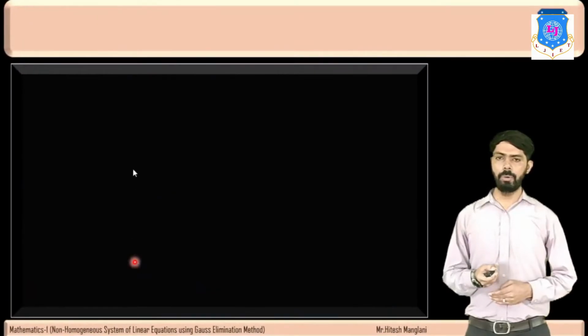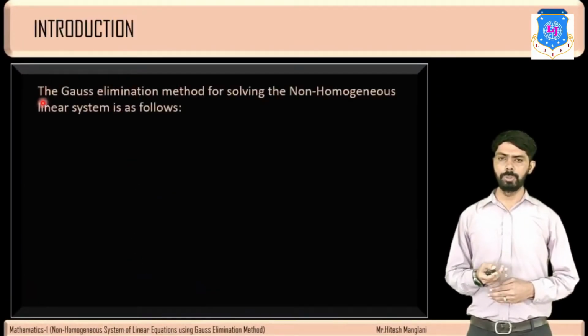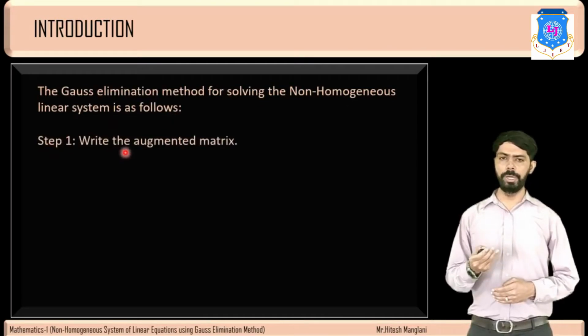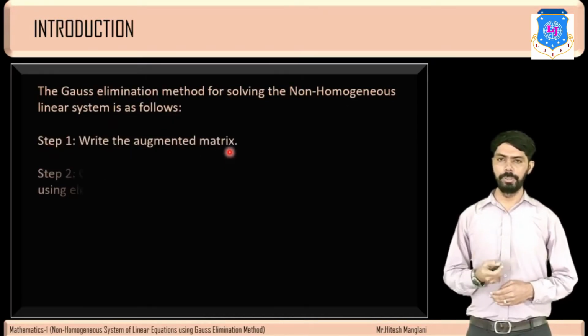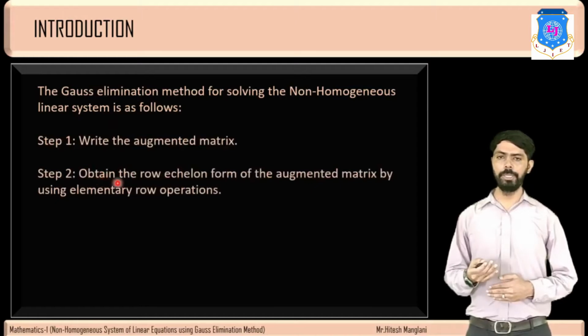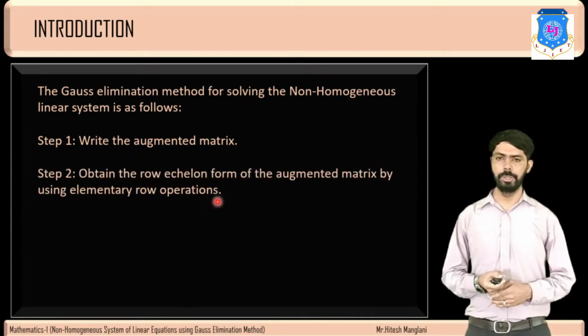Now how to apply Gauss elimination method? The Gauss elimination method for solving the non-homogeneous linear system is as follows. First step, we write the augmented matrix. Second step, obtain the row echelon form of the augmented matrix by using elementary row operations.